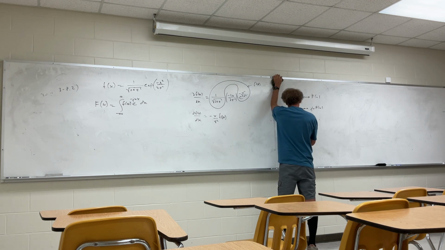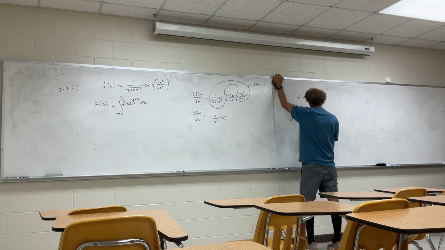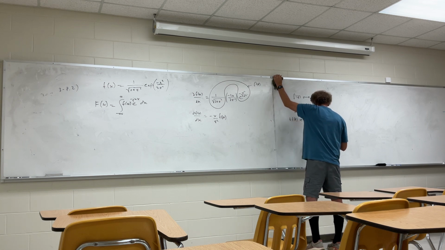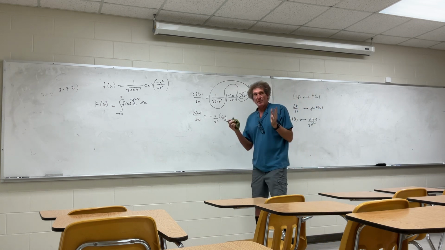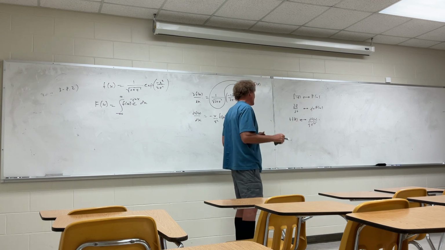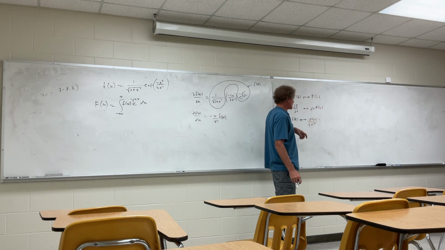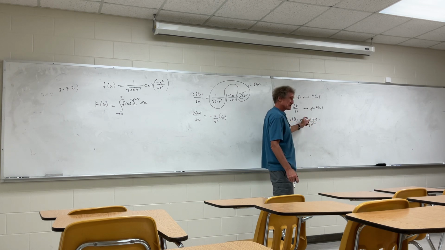And if you have t times f of t, multiplication in one domain is a derivative in the other domain, so it's going to be the derivative of F of omega with respect to omega, typically with a j downstairs or a minus j. Do you remember these things? These are tricky little properties, but it's almost the same for s. For s, this would be just s F of s, and down here this is going to be minus the derivative of F with respect to s instead of a j there.